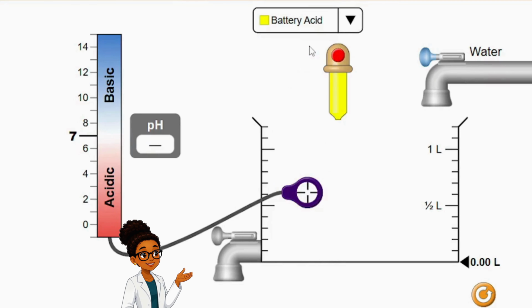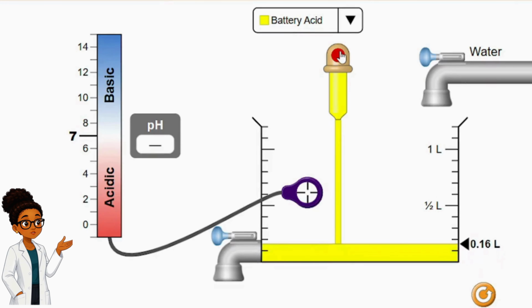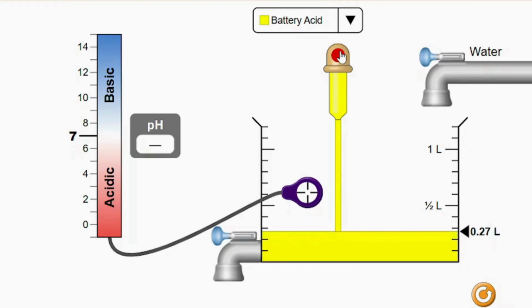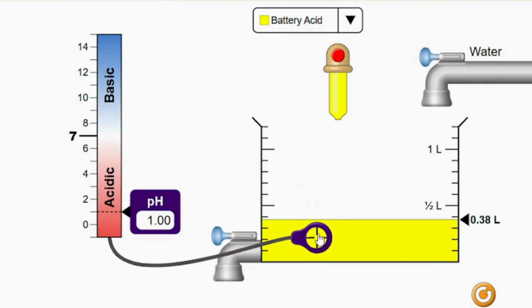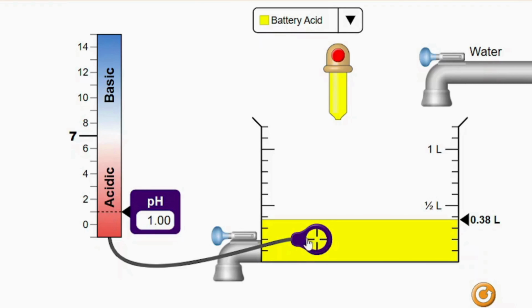Now let's test battery acid. Look at how low the pH value is on the scale. This shows that battery acid is a strong acid.